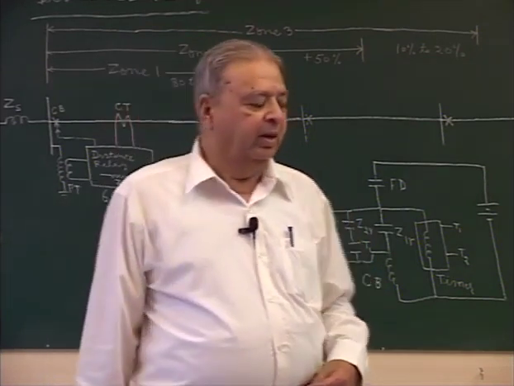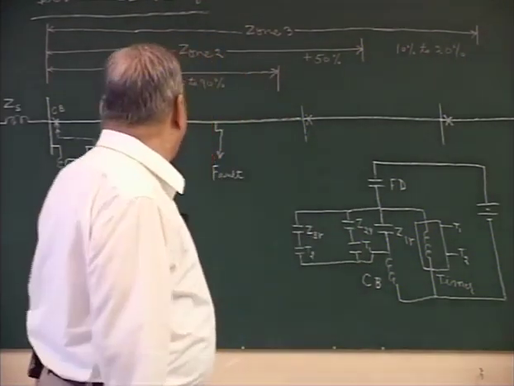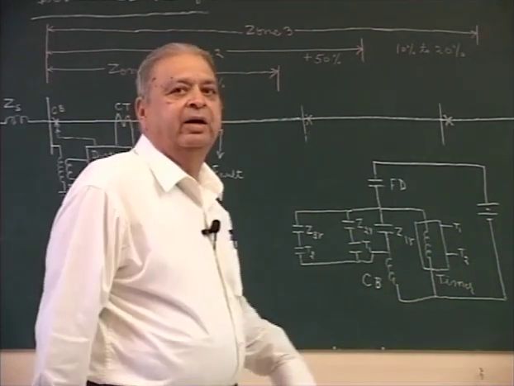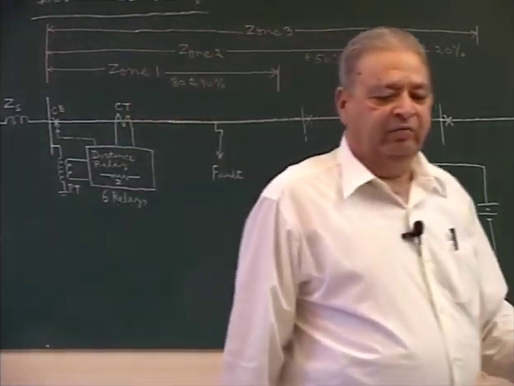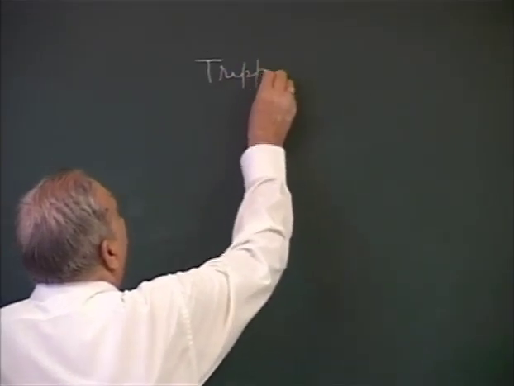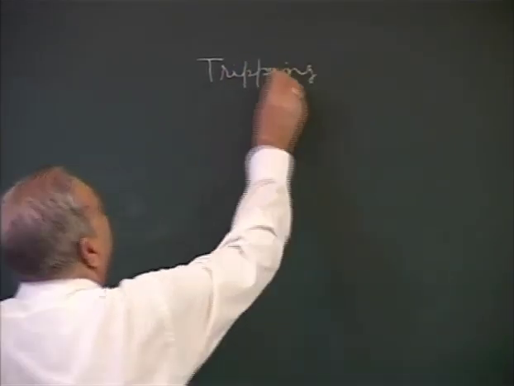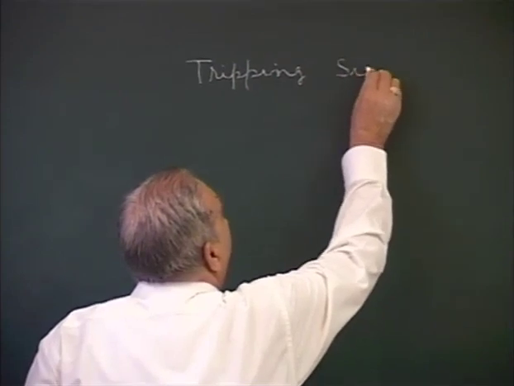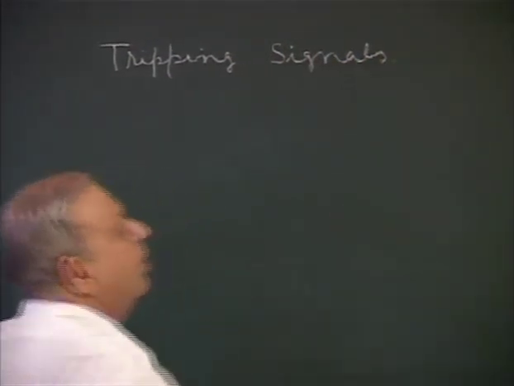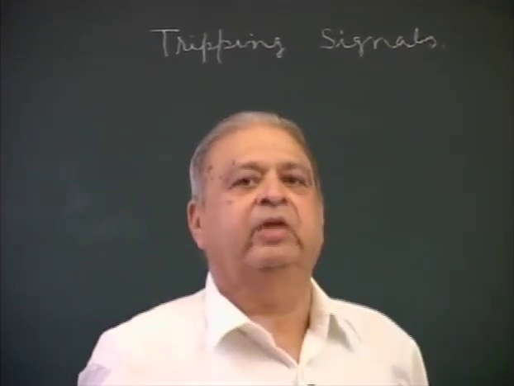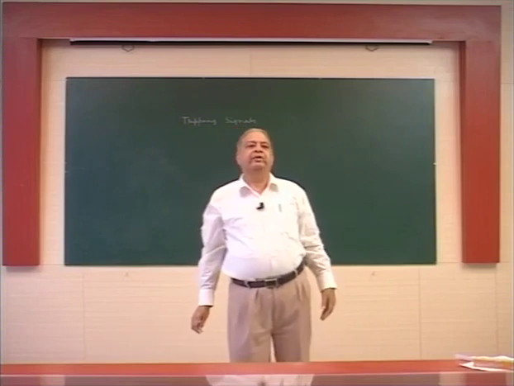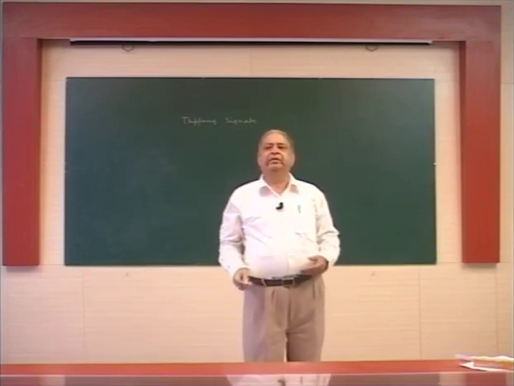Now, how are these relays compared, how are voltage and currents compared? There are various techniques. Tripping signals: we are taking both voltage signals and current signals inside this.